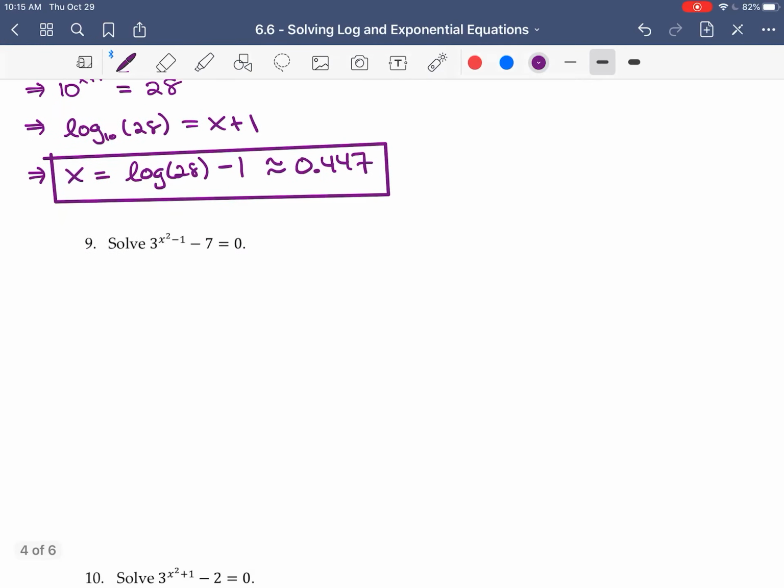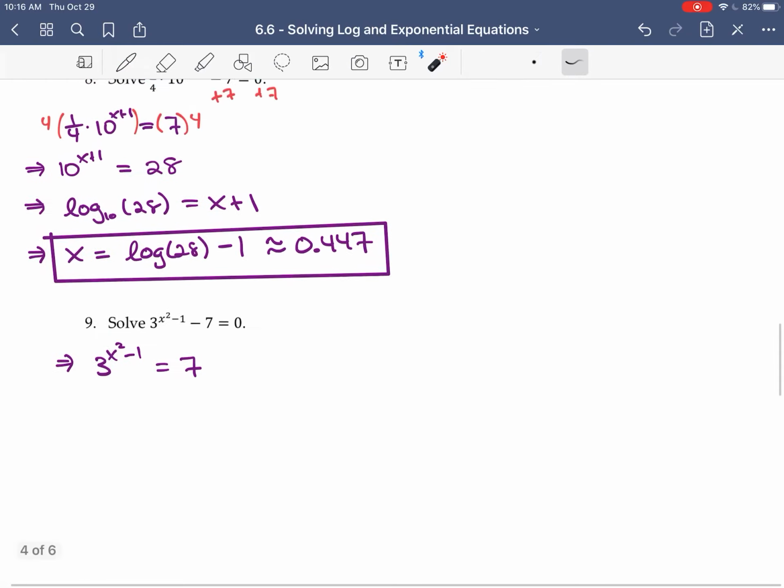Okay, let's try this one here. So again, solve for the exponential. I'm going to move the 7 over. So I get 3 to the x squared minus 1 is equal to 7. Now this one is not base 10, it's base 3.